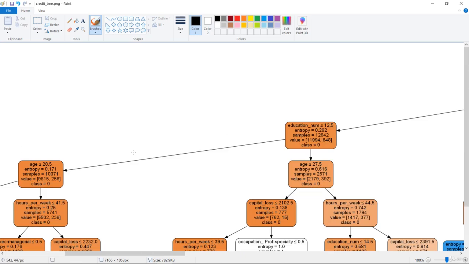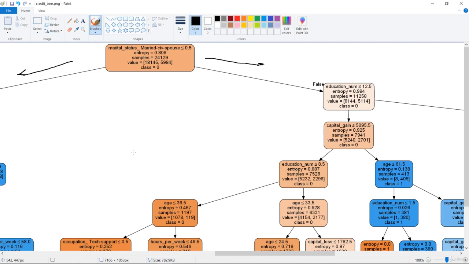So we will make our decision based on the answers we get to these questions, right? We will ask a question for a specific feature or a specific column, and the value for this individual for this specific feature will help us make a decision if the classification should be 0 or 1.